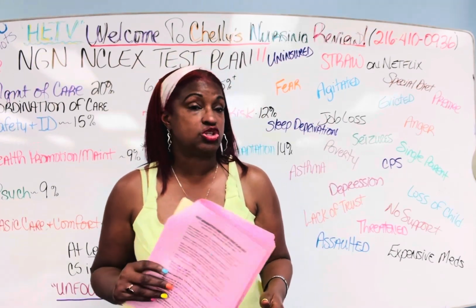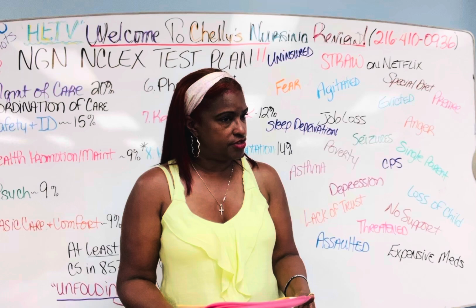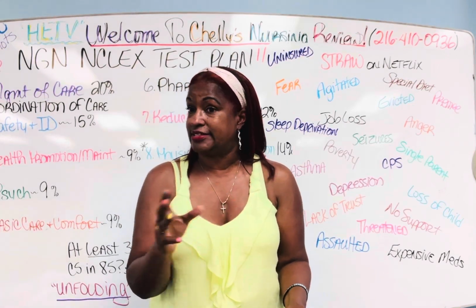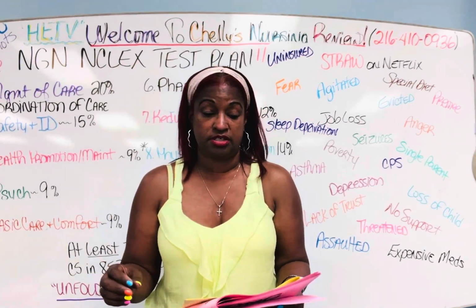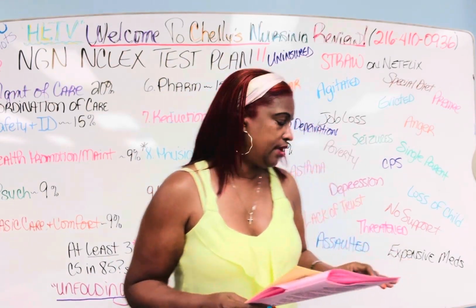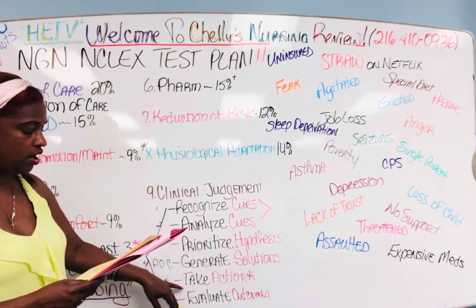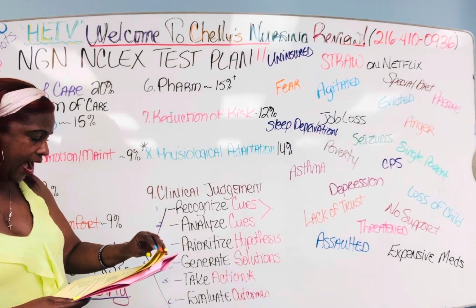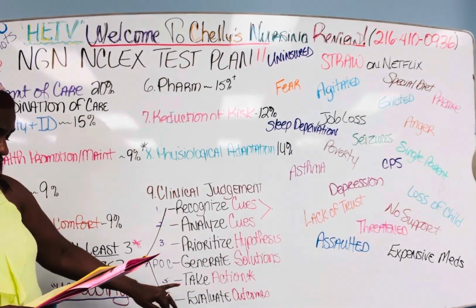Knee-chest position would be optimal. You see where we're going with this? What action did you take to save the life or minimize the deterioration? Okay, so that is going to be number 4. Now, number 5, you're taking action.